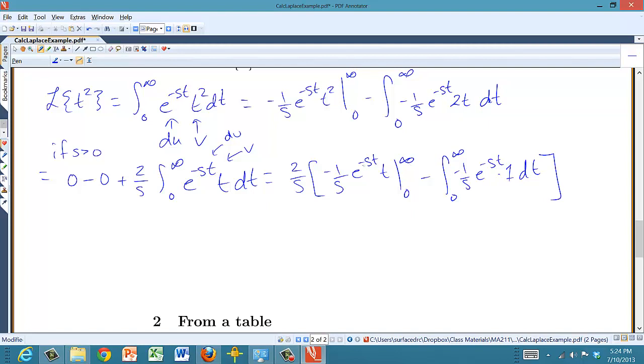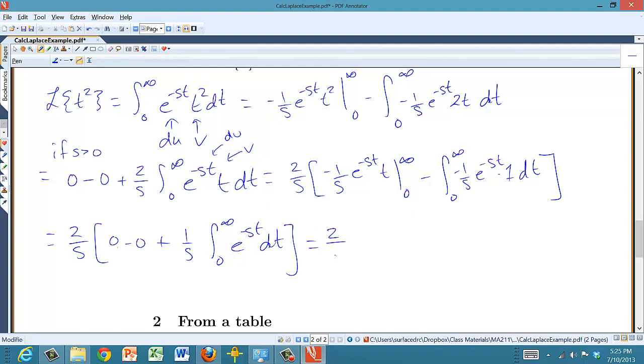And just like before, as long as s is positive, this limit as t goes to positive infinity is going to be 0. So I'll have a 2 over s. I'll have 0 minus 0 plus 1 over s, the integral from 0 to infinity, e to the negative st dt.